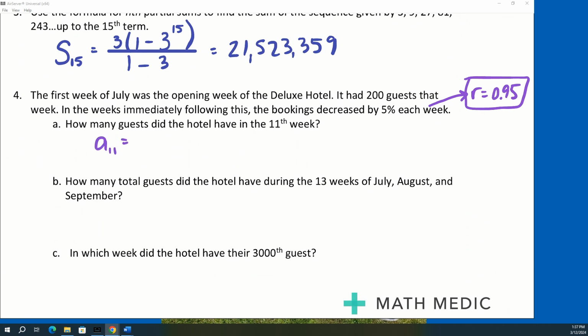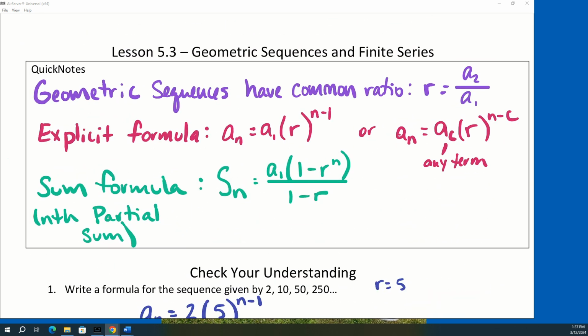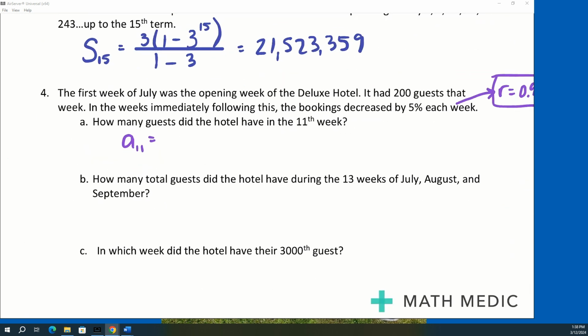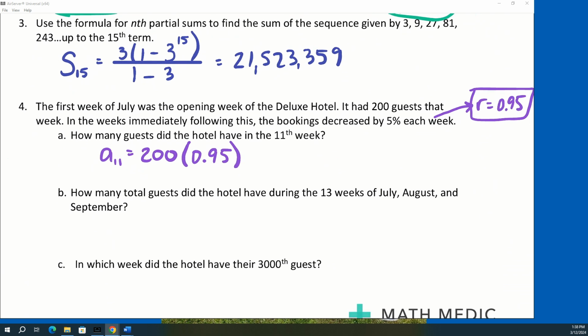So it's asking basically for the 11th term. So we're going to use the red formula where there's 200 the first week. We're going to multiply by R. And then what do I raise it to? To the 10th. So we subtract 1. 11 minus 1, or the 10th.